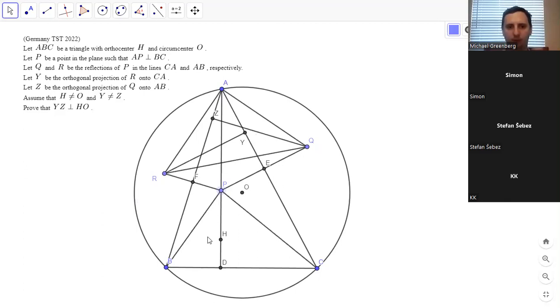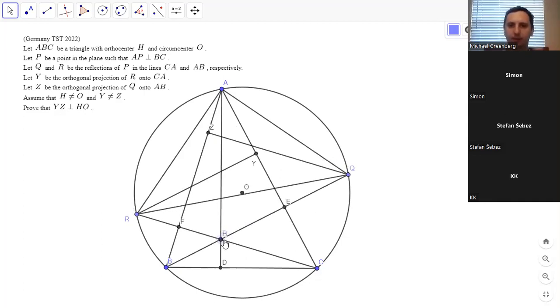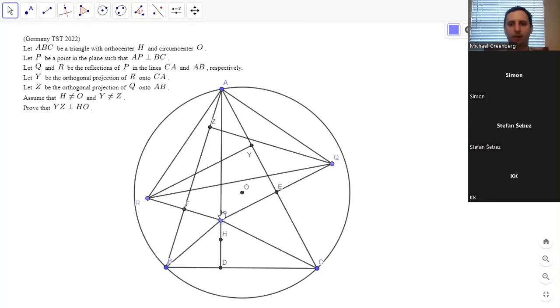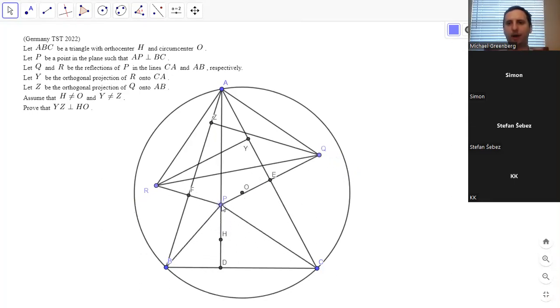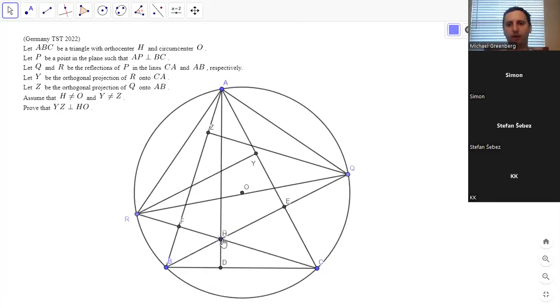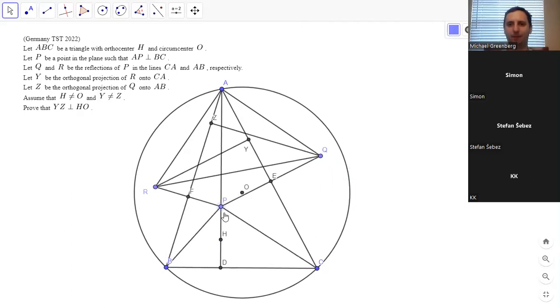If we want to show YZ is perpendicular to OH, we can assume P is any point we want. And so we can assume P is point H, if that makes sense. Even though the problem says there's no restriction on P, if we can prove it when P is equal to H, that will help prove it when P is a different point.